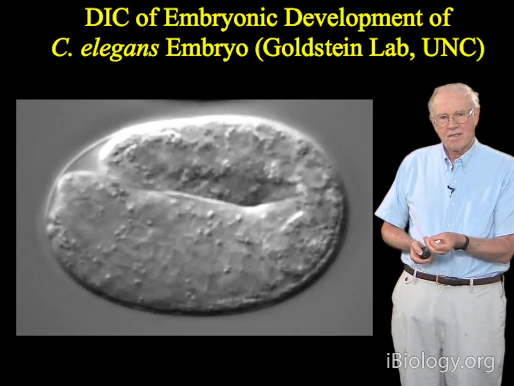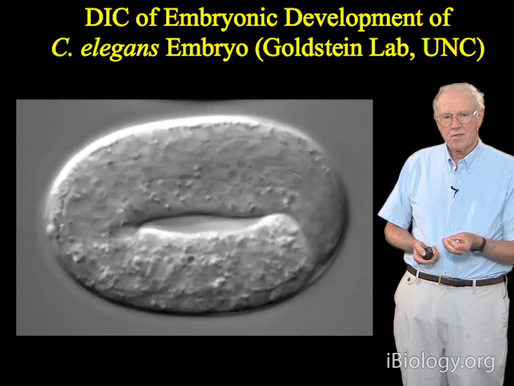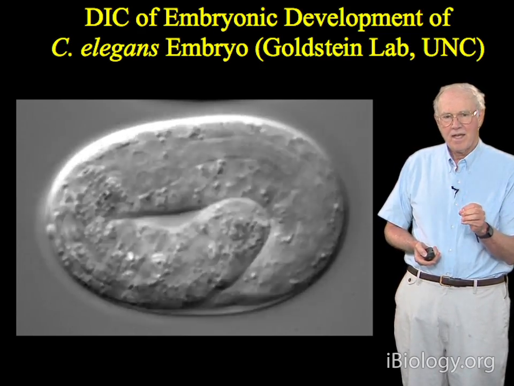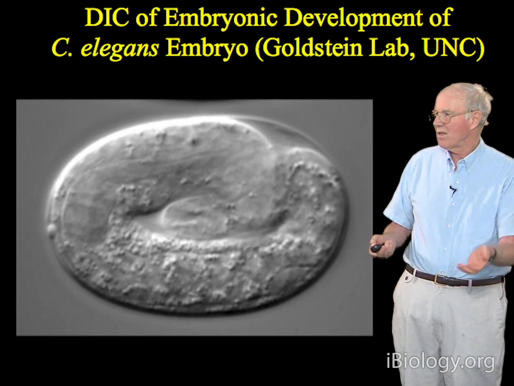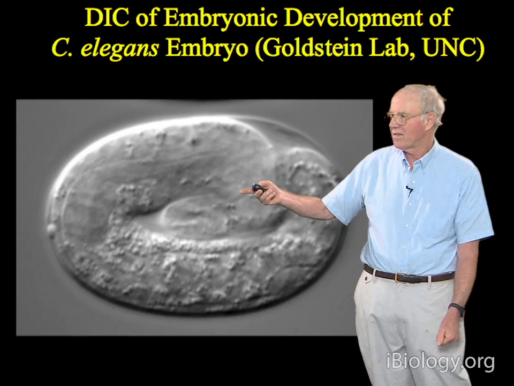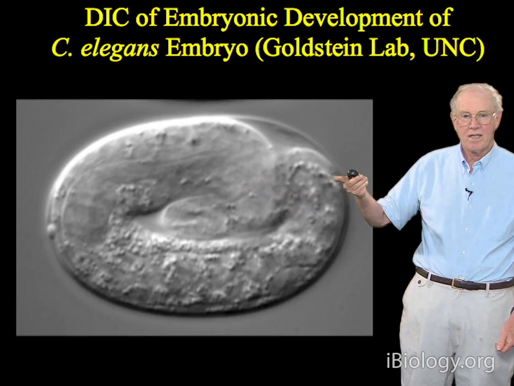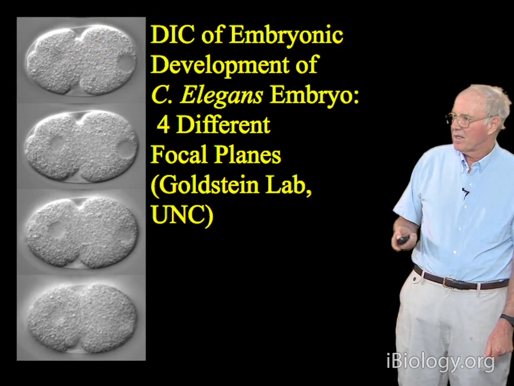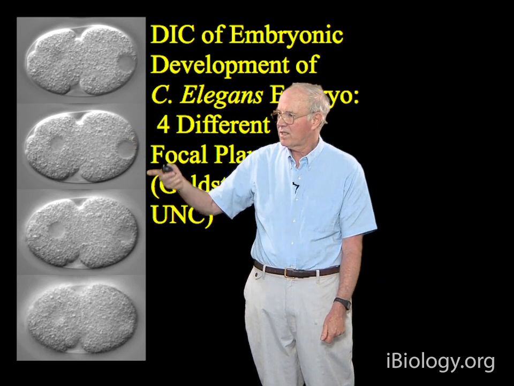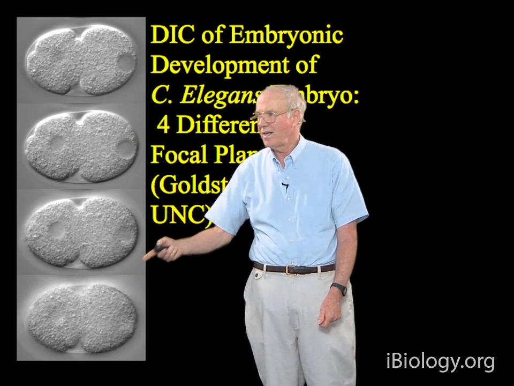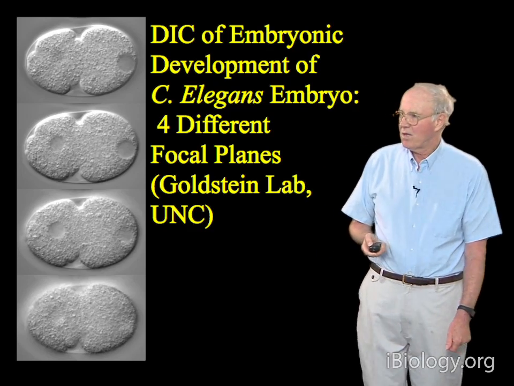And the beauty of this is they're able to image this organism using a green filter and a very good heat reflection filter almost all the way through to the final formation of the adult worm and before hatching. And they've even developed techniques in DIC so that it can take 4 different focal planes at the same time and then time-lapse all 4 of them.